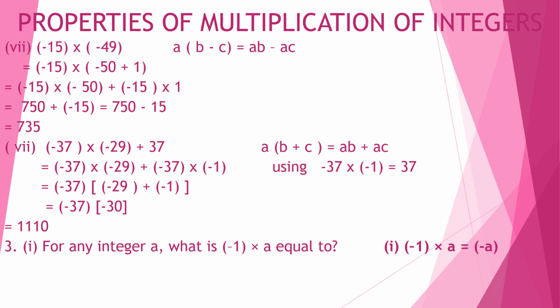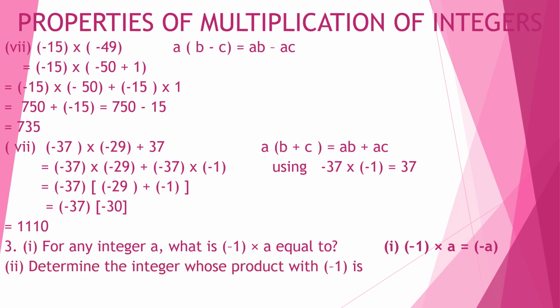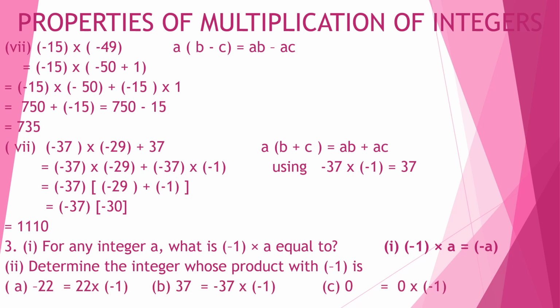1110. Now for any integer a, what is minus 1 into a equal to? Minus 1 into a is equal to negative a. Now determine the integer whose product with minus 1 is minus 22. If I multiply an integer by minus 1, I get its opposite.